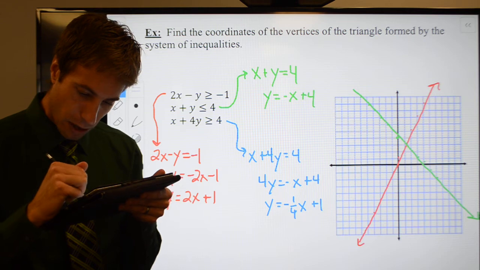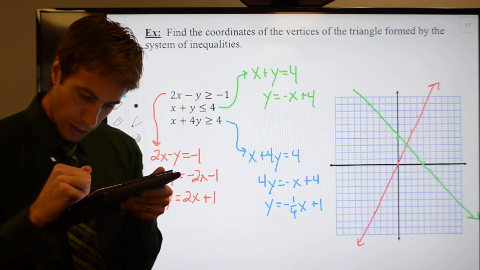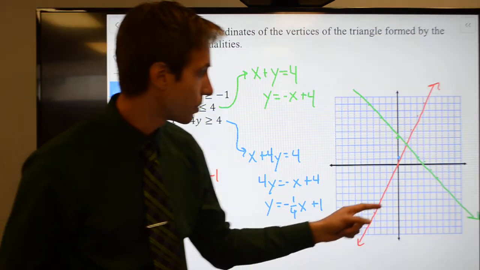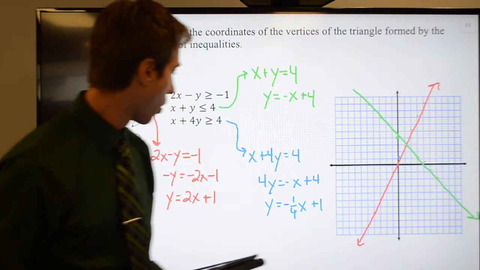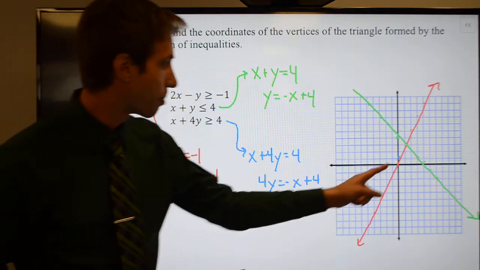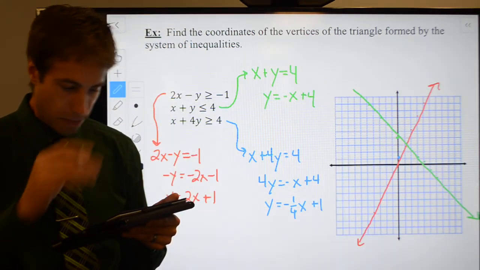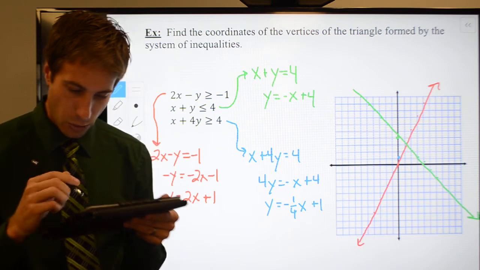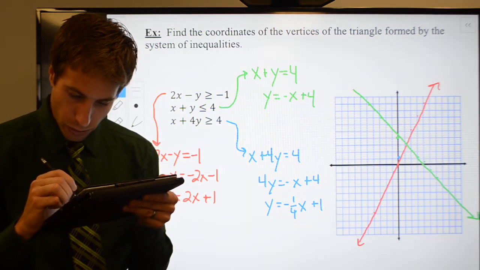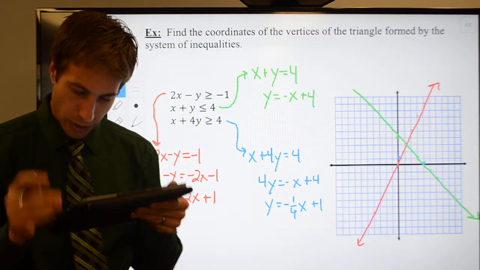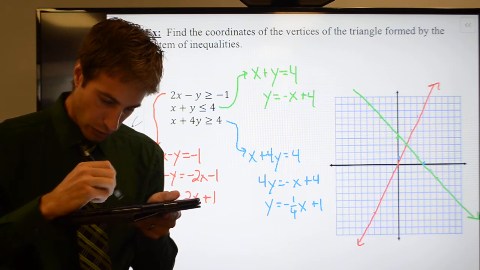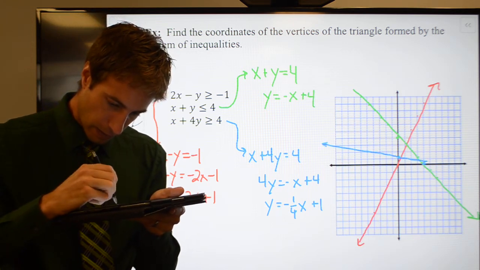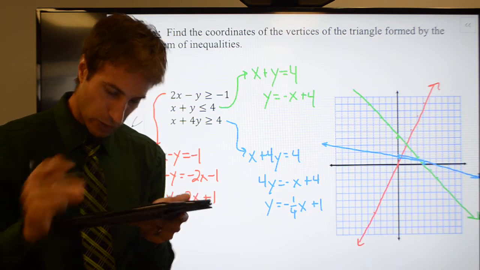I'm going to be at positive 1. And it looks like I have found my second point of intersection because the red line also went through positive 1. But let's keep going. My slope is negative 1/4, so down 1 over 4. Down 1. Oh, and there they are. Okay, fantastic. So let's just go ahead and draw those lines in there.